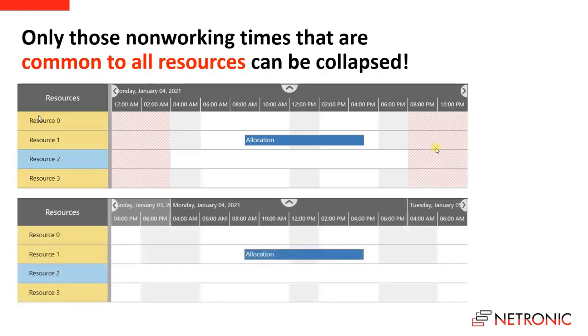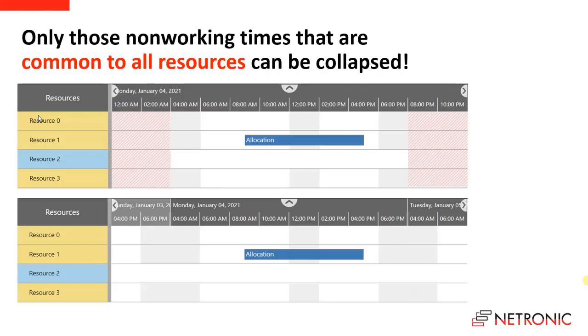The result of the collapsing will be this diagram. Here we see this part remains, this middle part also remains, and this part also remains. Nevertheless, I think it's a very helpful option to get more compact diagrams and to have the focus on the most important times in your chart.